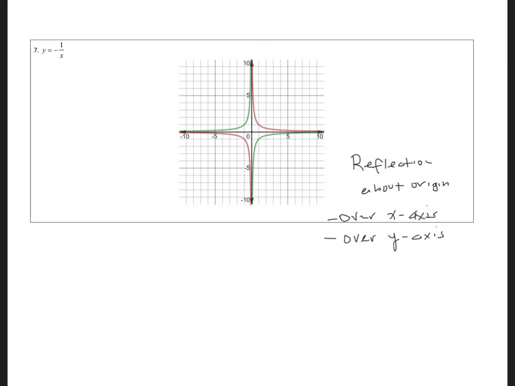So what can we say from what we have seen here? In summary, if I'm given y equals a over x minus h, plus k, I can get the vertical asymptote by equating the denominator to 0 and solving it.